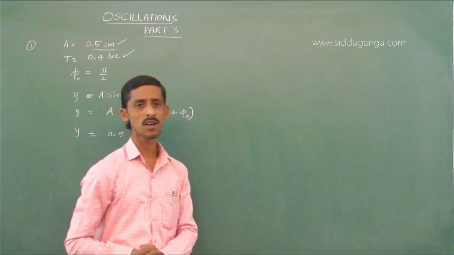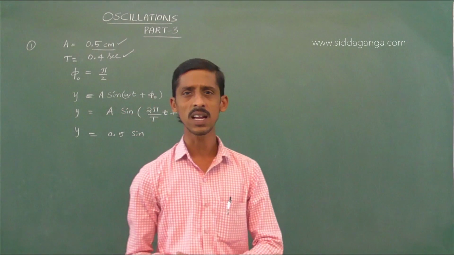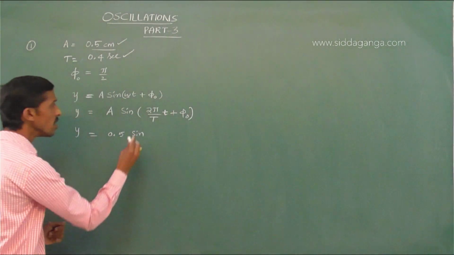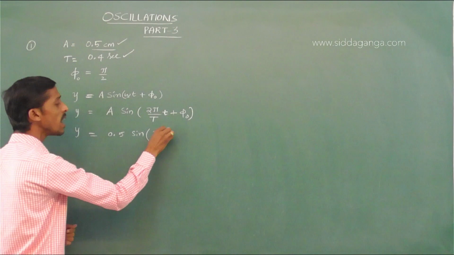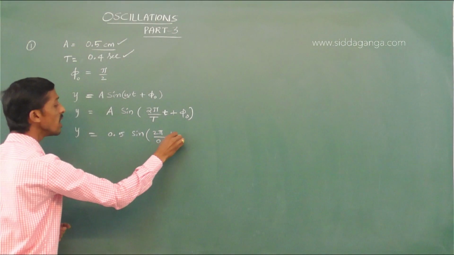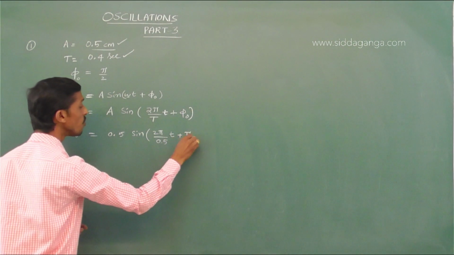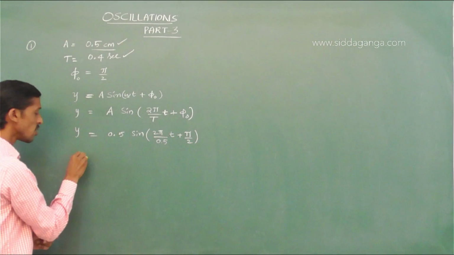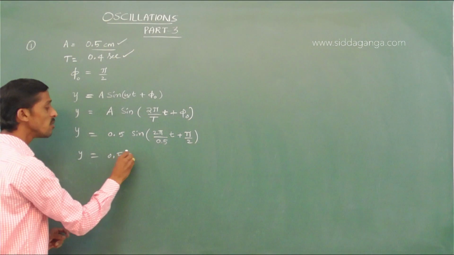So y is equal to 0.5 sin(2 pi by 0.4 into t plus pi by 2).